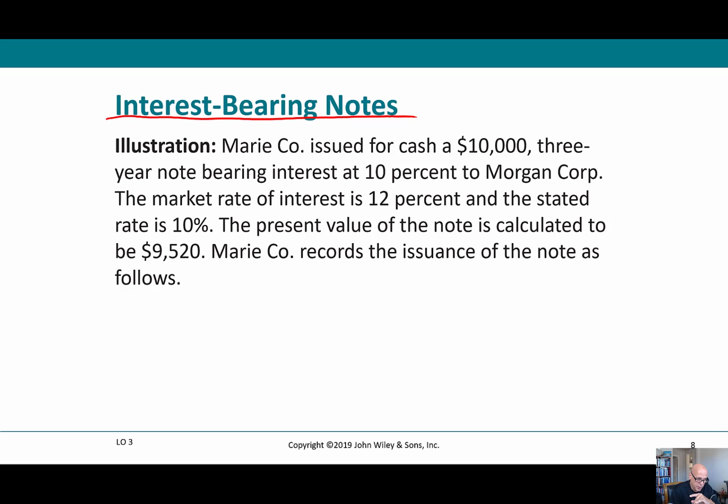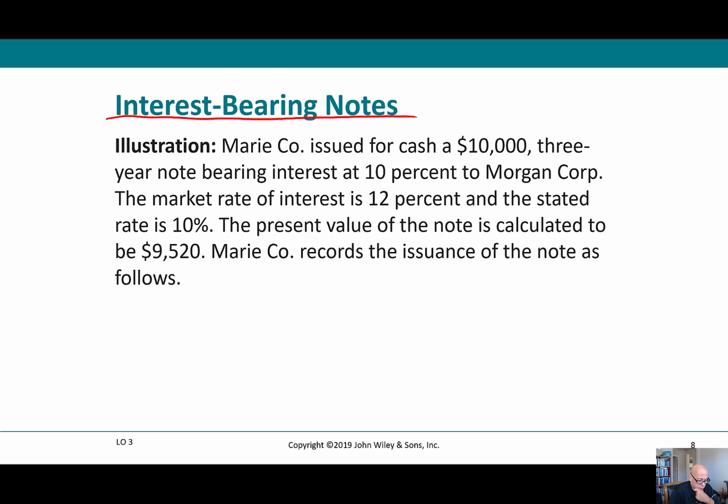There's the calculation of interest expense based on the stated rate of interest, but they're going to tell you that you have an effective or market rate of interest that is different than the stated rate on that note. And so we're still going to have to calculate a discount and amortize that discount as part of our calculations.